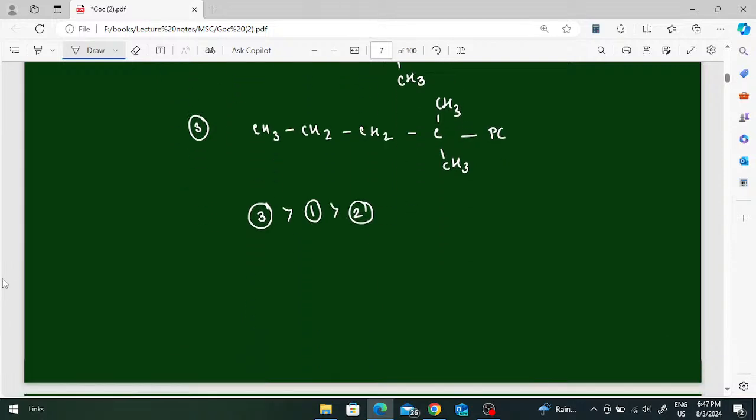Okay, so let's try another question. Here I have CH3, CH2, CH, CH2, parent chain. Here I have CH3, CH3, CH2, CH2, CH, CH3 and a parent chain.